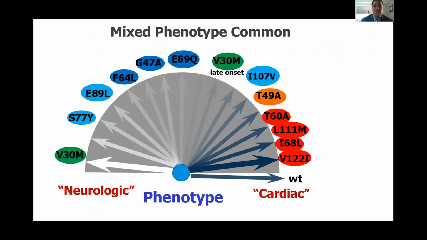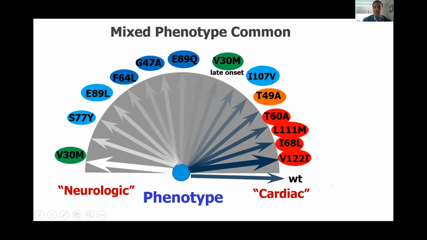This is a nice figure by Claudio Rapezzi showing the spectrum between neurologic and cardiac phenotype, and you can see the majority have a mixed presentation. Now, if you look to the right side of your screen, with wild type as the more prototypic cardiac phenotype, there are a smattering of mutations that cause significant cardiac ATTR amyloidosis that all cardiologists need to be aware of.